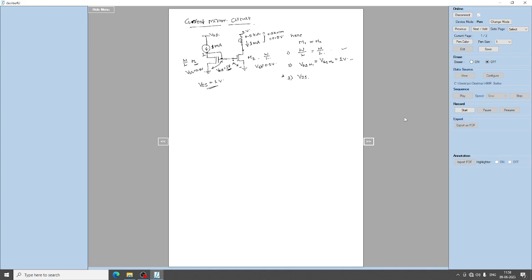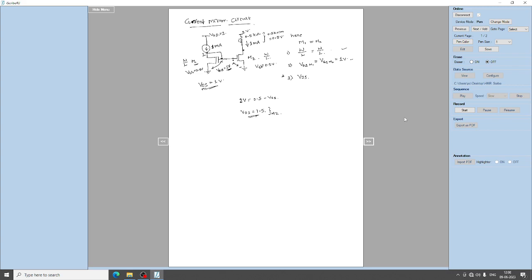Whereas here, 2 volts is equal to 0.5 plus VDS, so VDS is equal to 1.5 volts for transistor M2. So with VDD of 2 volts, VDS of M1 is 1 volt and VDS of M2 is 1.5 volt.